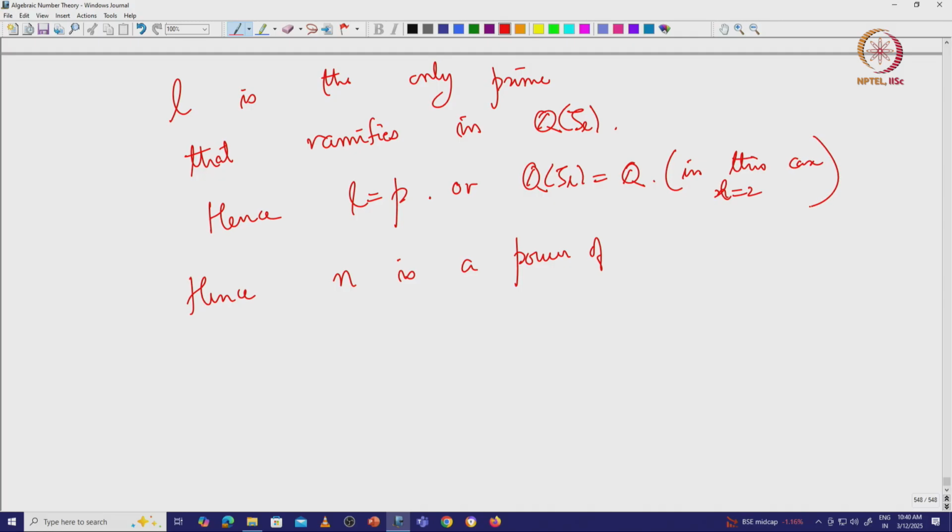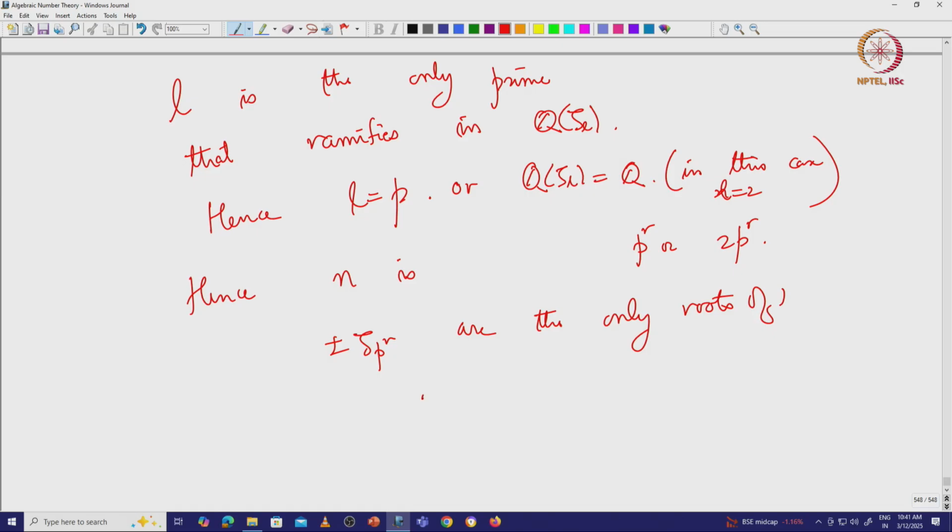So, hence n is a power of p or 2 times a power of p, hence n is p^r or 2 times p^r, right. That is the only possibility. So, plus or minus zeta_{p^r} are the only roots of 1 inside Q(zeta_{p^r}).